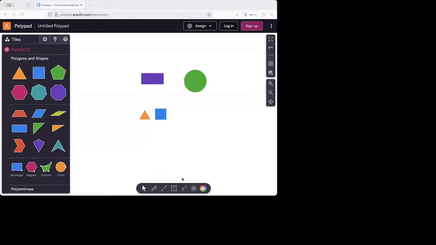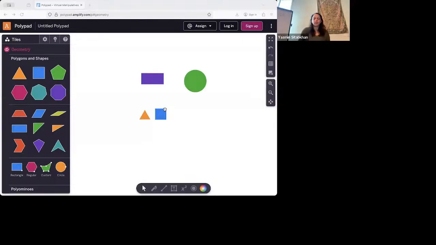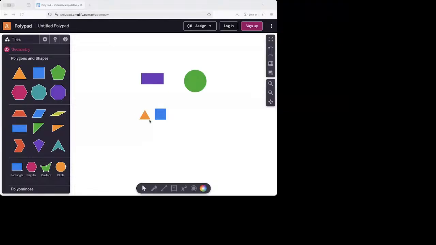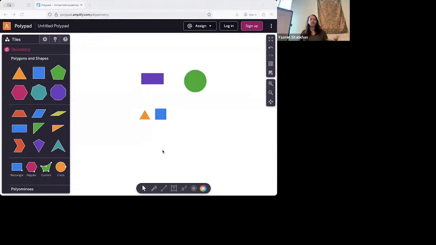The square has more sides than the triangle. Yes, let's count the square sides: 1, 2, 3, 4. The square has 4 sides. And how many does the triangle have? 1, 2, 3. Exactly. So the triangle has 3 sides, the square has 4 sides.